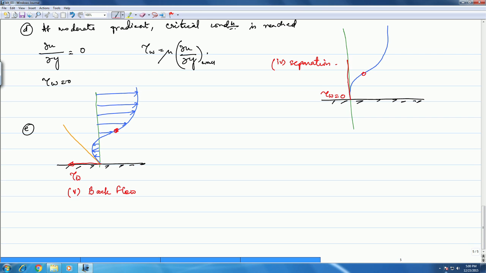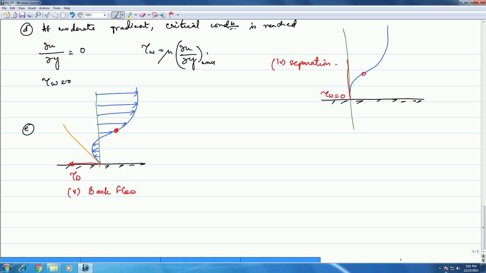We have a backflow region. Once the flow separates, we are able to get all this information. So the strong gradient causes backflow at the wall, and the boundary layer thickens, and the main flow separates from the wall.